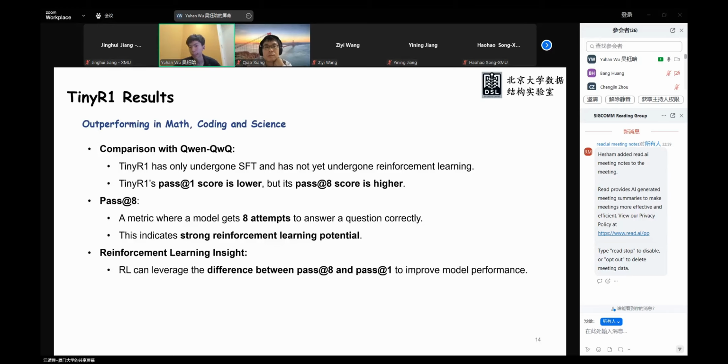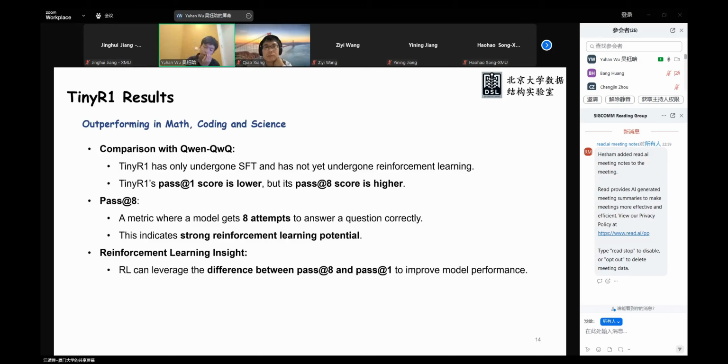Pass 8 measures how often the model gets a correct answer within 8 attempts. A high pass 8 score suggests that TinyR1 often finds the right answer, just not always on the first try. This indicates strong reinforcement learning potential.